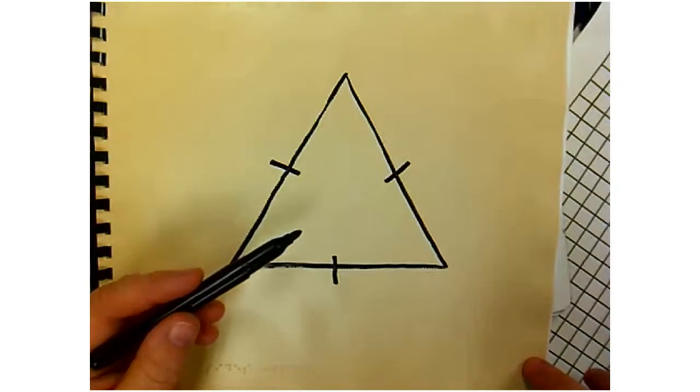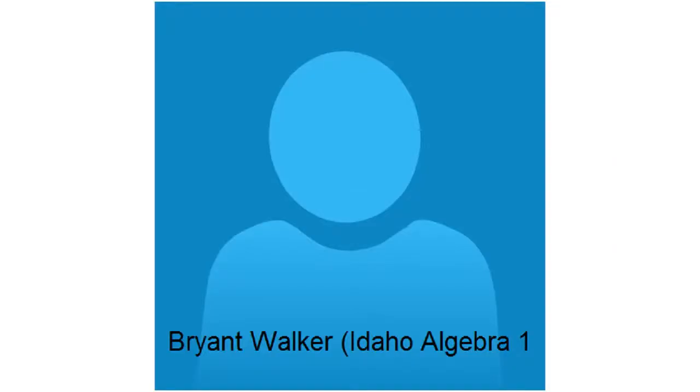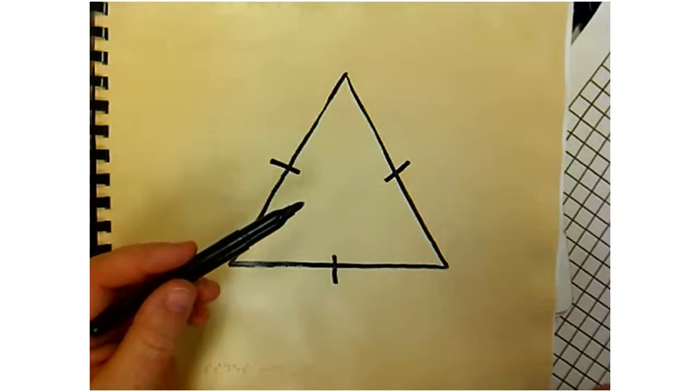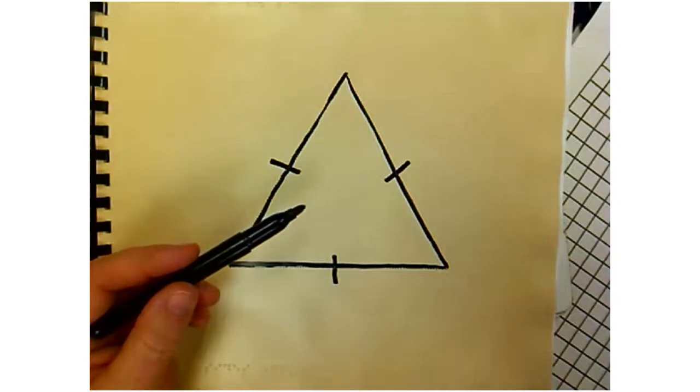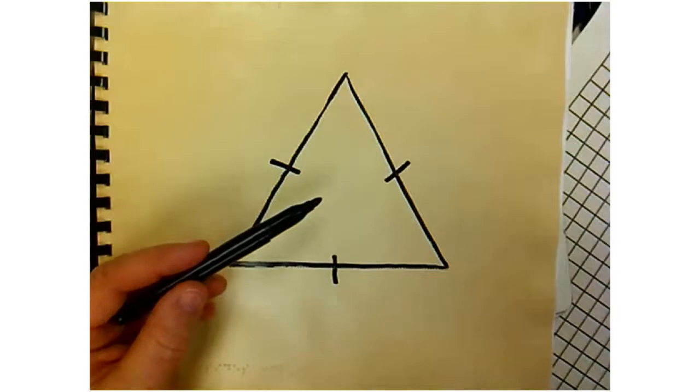But Abby says, it is also an isosceles. Wouldn't they all have to be acute also? They will all be acute, and they'll all be 60 degrees, because that's the only way we could divide up 180. If we're going to have three congruent sides, we'd have to have three congruent angles, so they would all be 60 degrees. So an equilateral triangle will always be an acute triangle and will always have 60-degree angles.